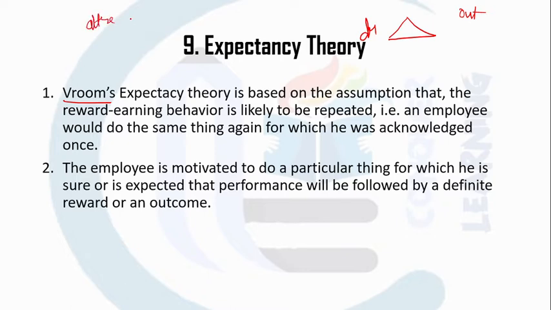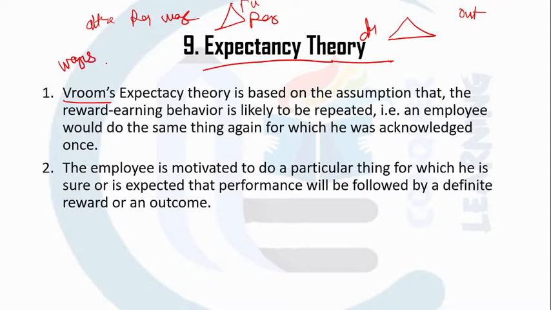If he finds the wages attractive or satisfactory, he would put in the effort, perform, and try to achieve it. So expectancy theory says that your wages should be attractive in such a way that they keep on repeating their behavior of good performance.